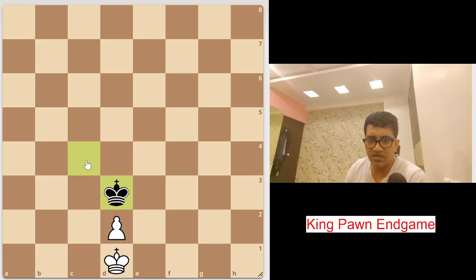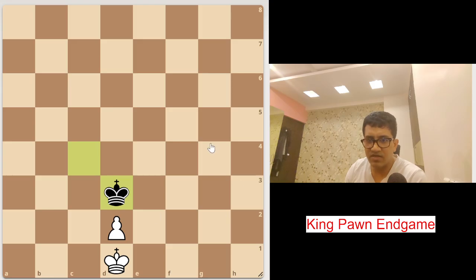Now let's suppose this pawn doesn't exist and this king moves from here to here. In that case as well you can see there are 3 squares left, so that will be the distant opposition. In a similar fashion, if black moved his king from somewhere here to here, you can see 1, 2, 3, 4, 5 squares left, so this will also be direct opposition.